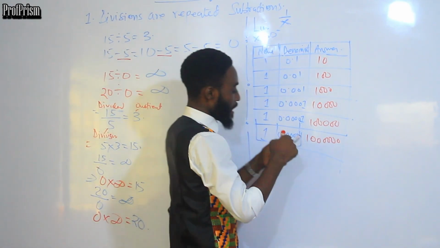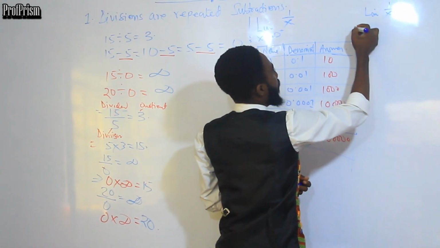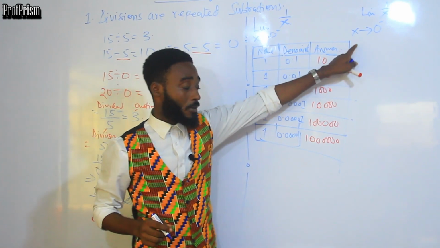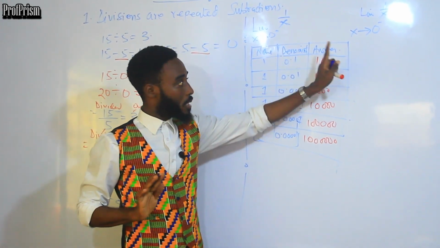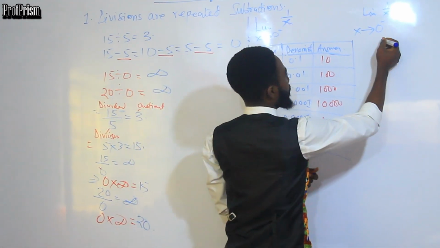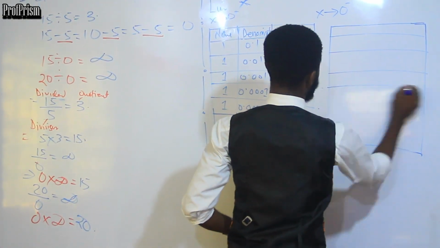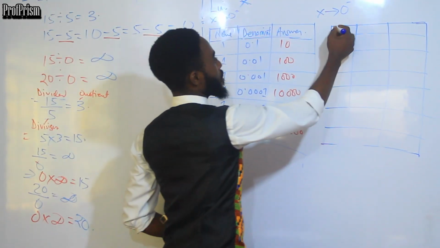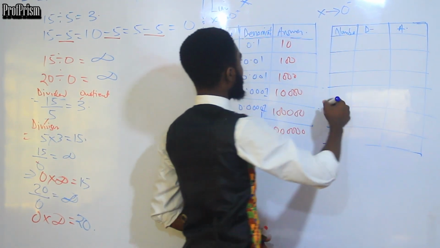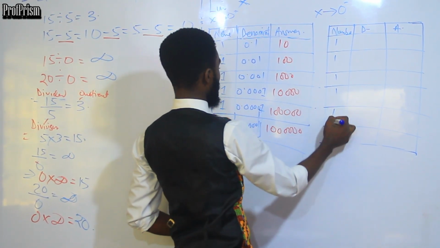Now, if I'm taking the same thing from the negative side, taking the limit as x approaches 0 from the negative side, I'll be doing this on a graph for you to really appreciate it. So just let me finish up with the table. The number, denominator, and then the answer: 1, 1, 1, 1, 1, 1.